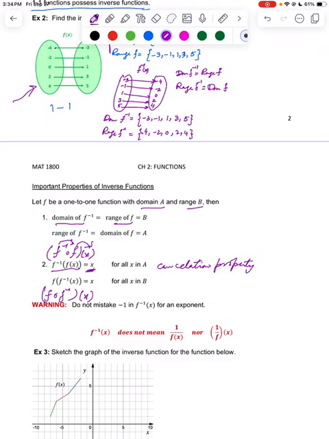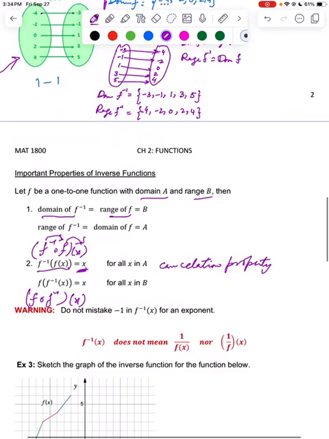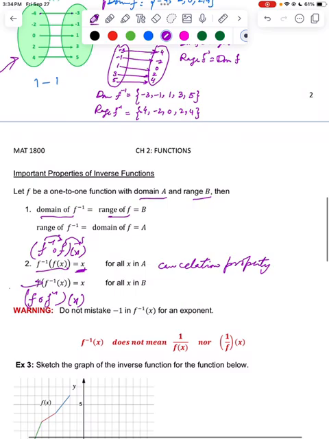And in the same way, if you look at this second piece, what f inverse did to x, if we apply f on top, it undoes the work and gives us back x.